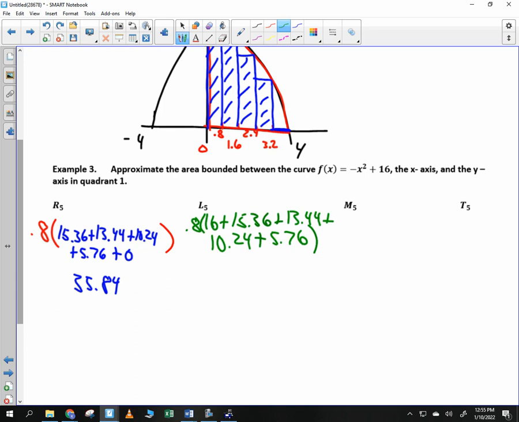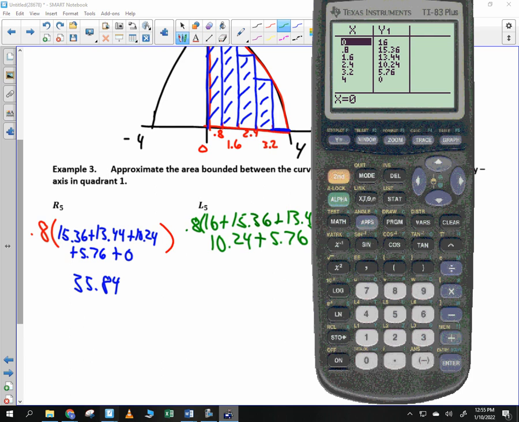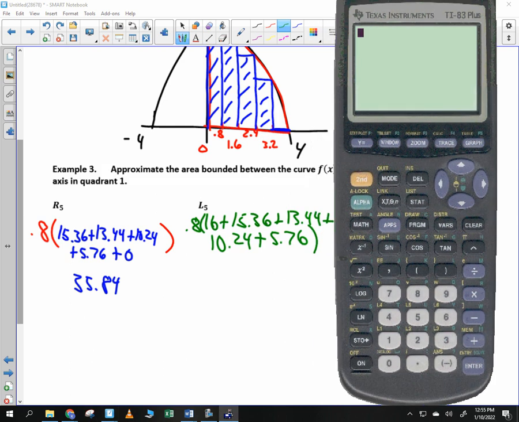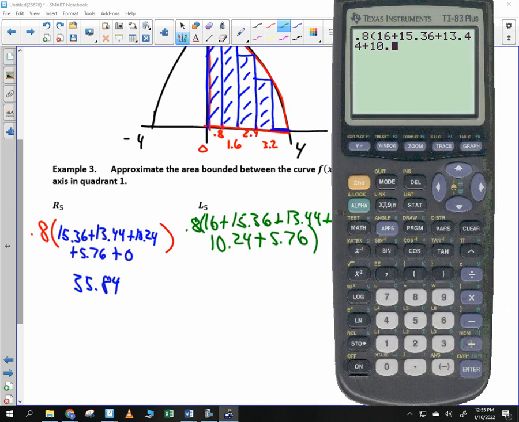Somebody come up with the result? I got 48.64.